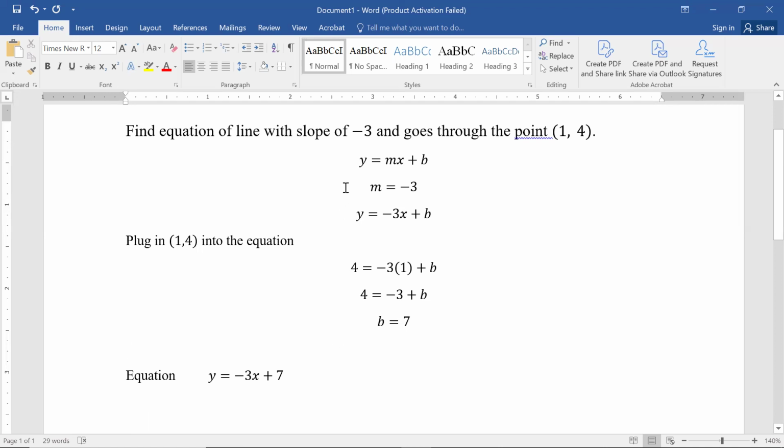Obviously, I used nice numbers where we got fairly nice slopes and fairly nice b values. Most of them were either fractions or whole numbers, but in general, you can get some really ugly fractions for either your slope or your b value, or even irrational numbers for your slope and your b value.